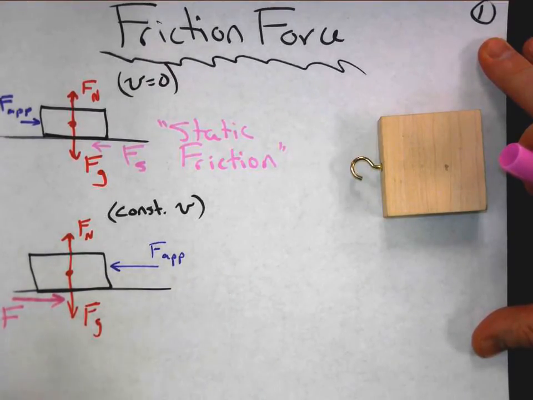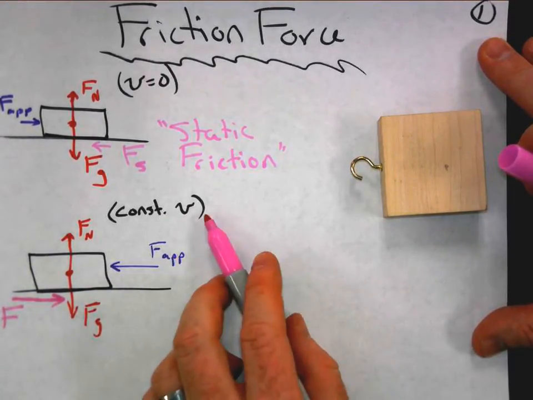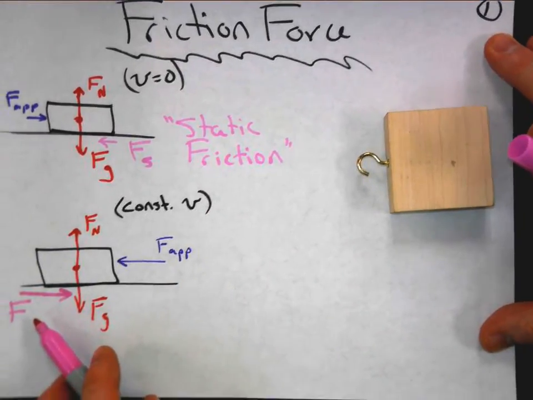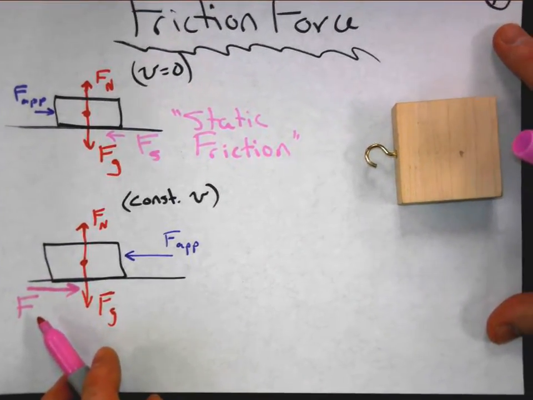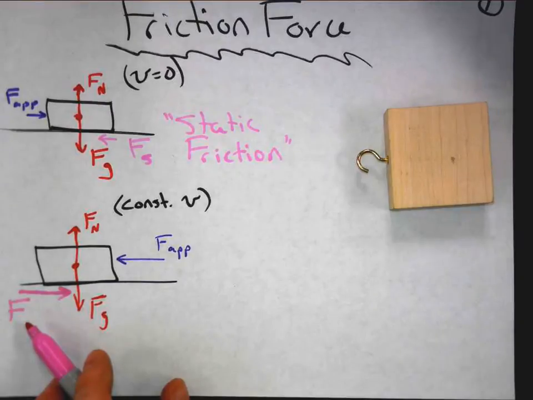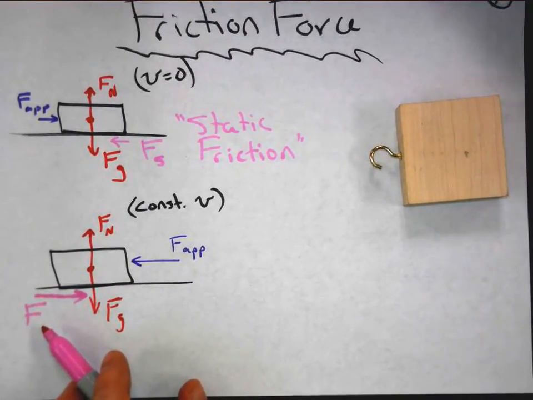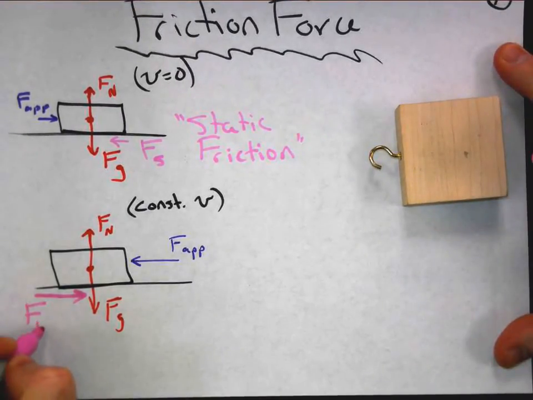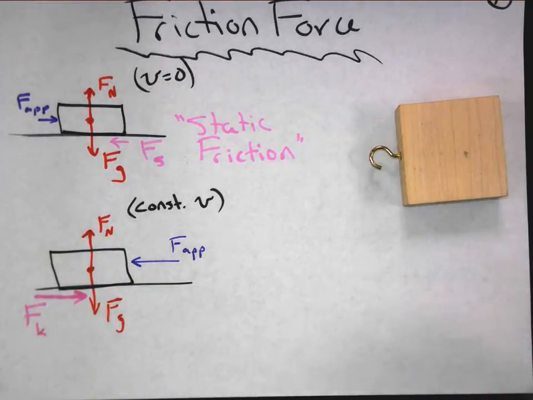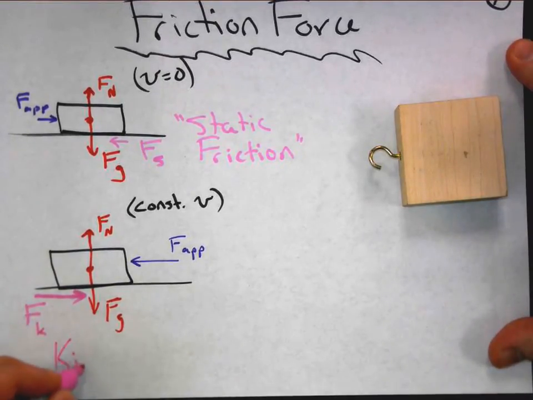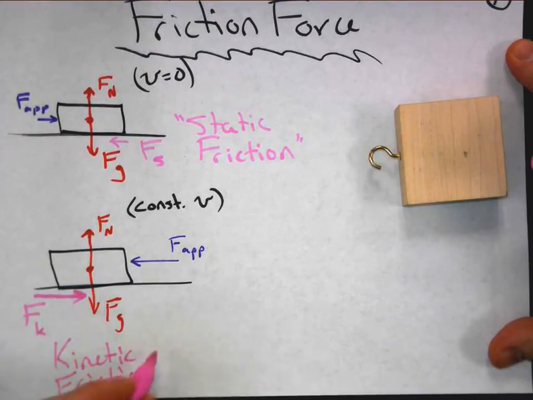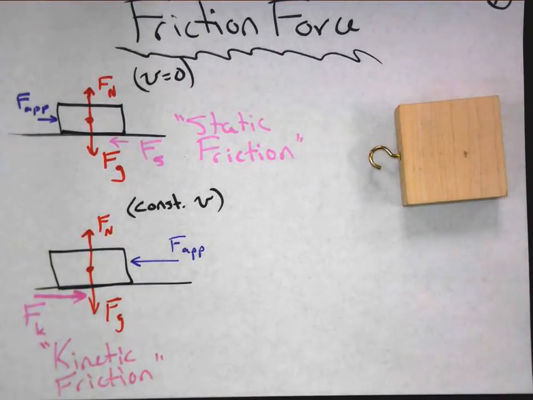There's my friction. But we have motion here, so I'm not going to call that static friction. I'm going to call that kinetic friction because it's moving. Kinetic friction force. Anything kinetic just means there's motion associated with it.